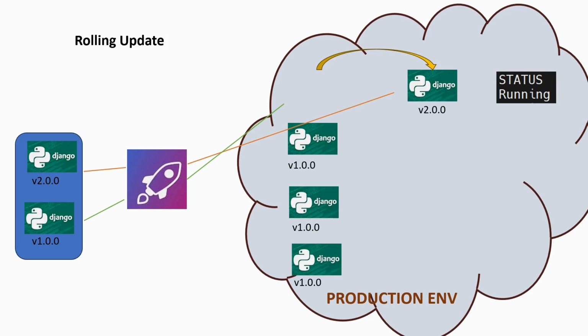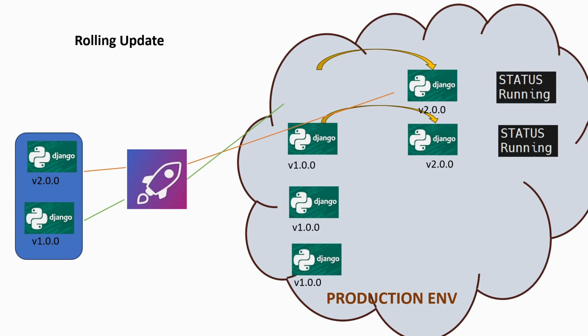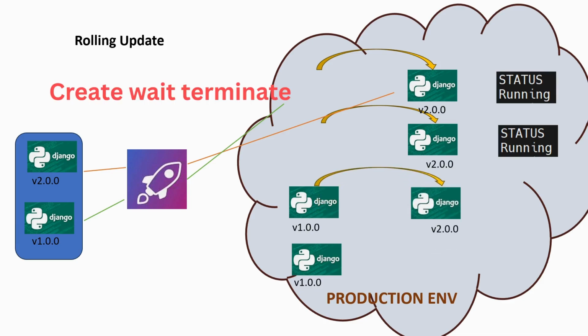Now your cluster has 3 pods of version 1.0.0 and 1 pod of version 2.0.0. Next step, Kubernetes again creates a second pod of version 2.0.0, waits for it to become running and ready, and then terminates another pod of version 1.0.0. This cycle continues: create, then wait, then terminate.